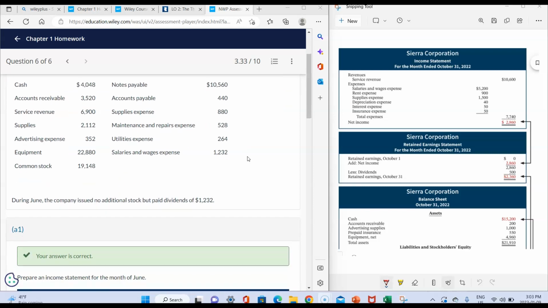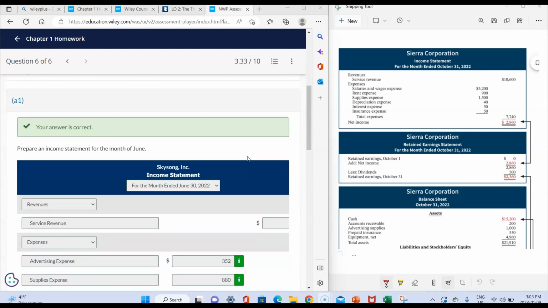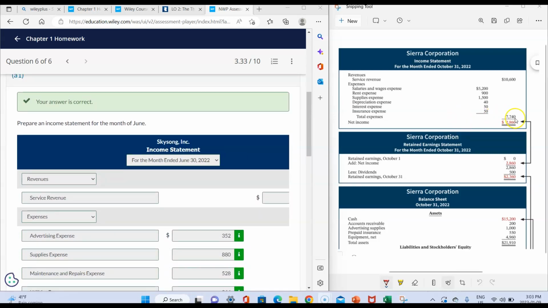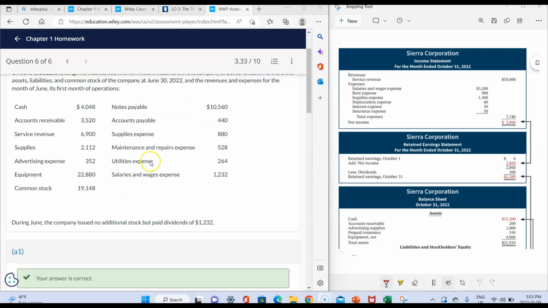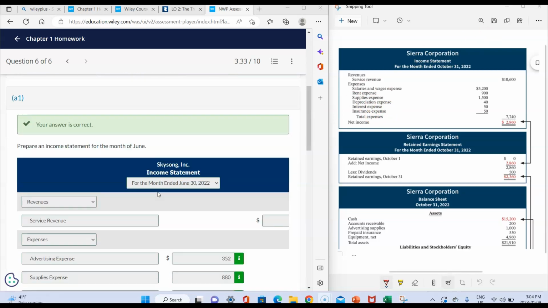So the first statement we always do is the income statement, and we do that because this net income or net loss number will actually be needed in the next statement, the statement of retained earnings. So what I've done here is I've gone through my financial data and picked out all of the revenue and expense accounts because those are the things that show up on my income statement.